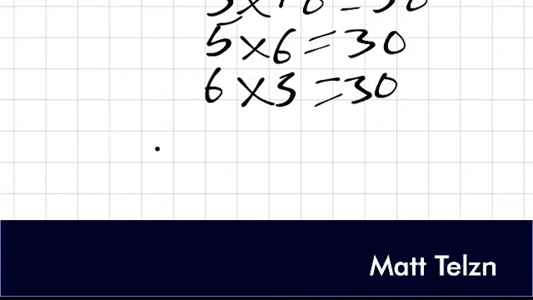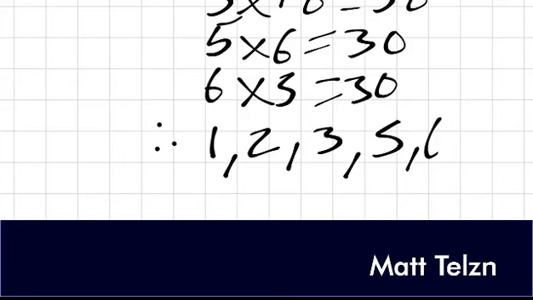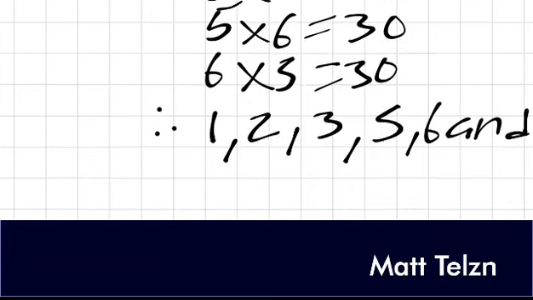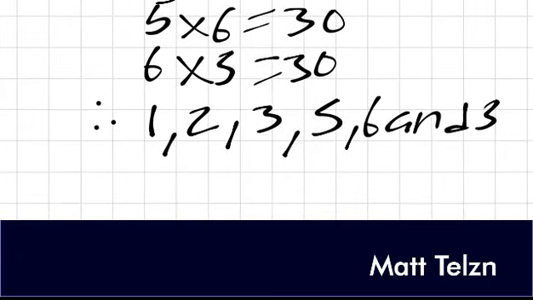So therefore, the factors of 30 are what? 1, we have 2, we have 3, we have 5, we have 6, and 30 itself. All right, these are the factors of 30.